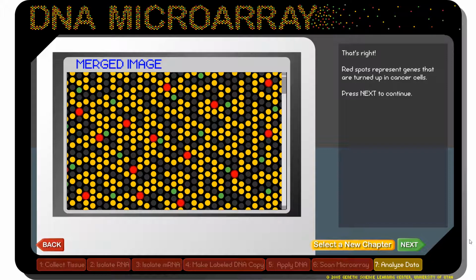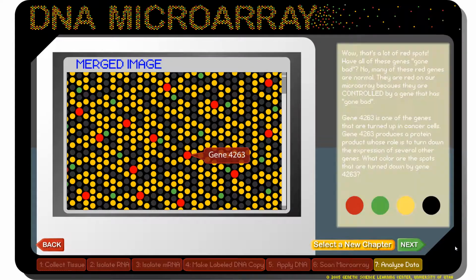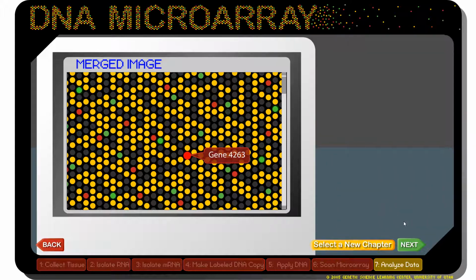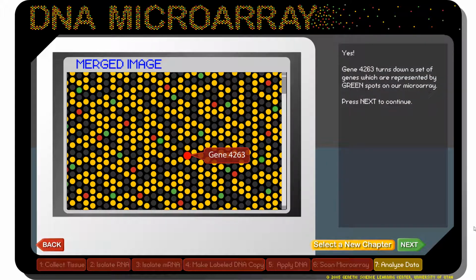It doesn't mean that all of these are independently active in cancer cells. One gene here called gene 4263 activates all these red dots and also turns off these genes in green dots. But again, in a microarray, when all of these red dots are up, you cannot really tell which one is the problematic gene.